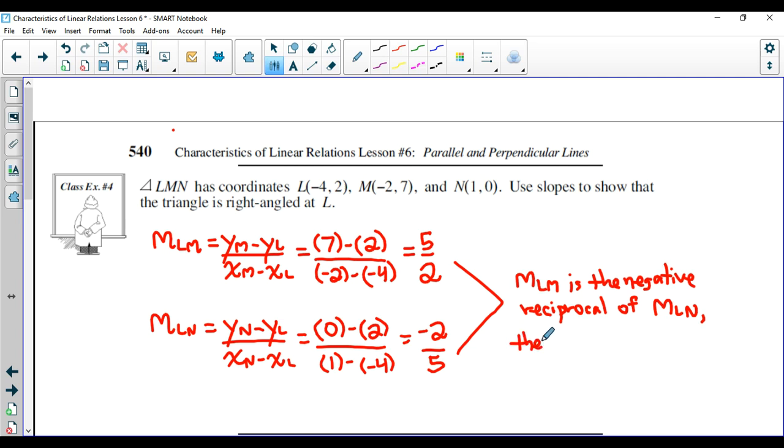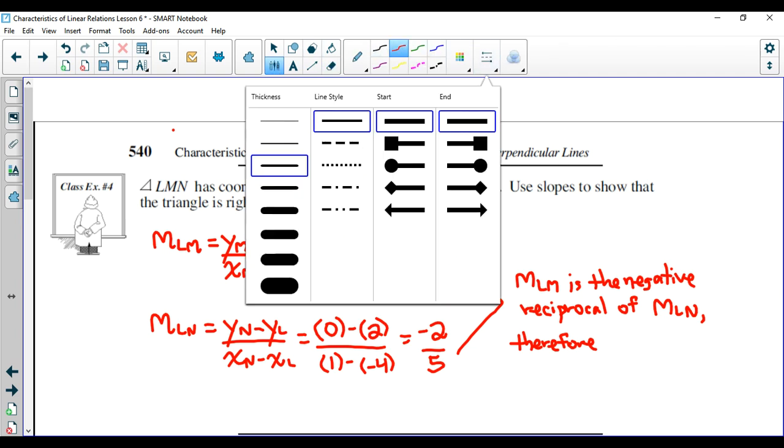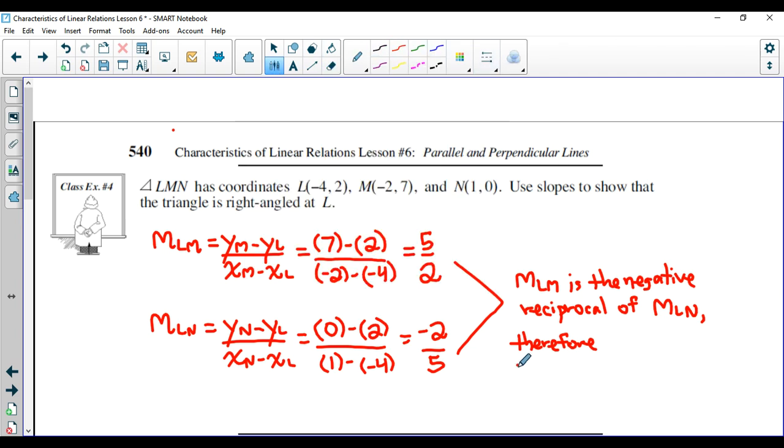Therefore, this tells me that line segment LM is perpendicular to LN, because the slopes are negative reciprocals.